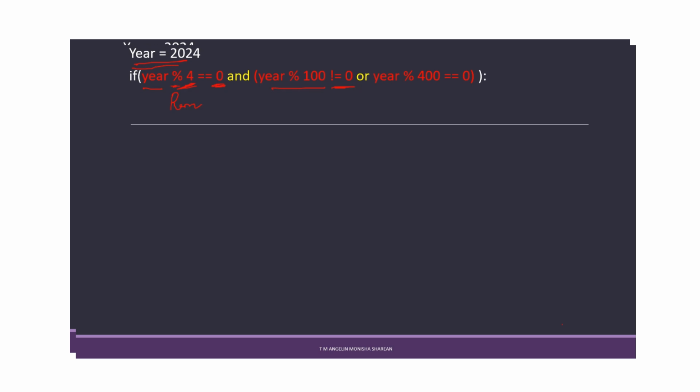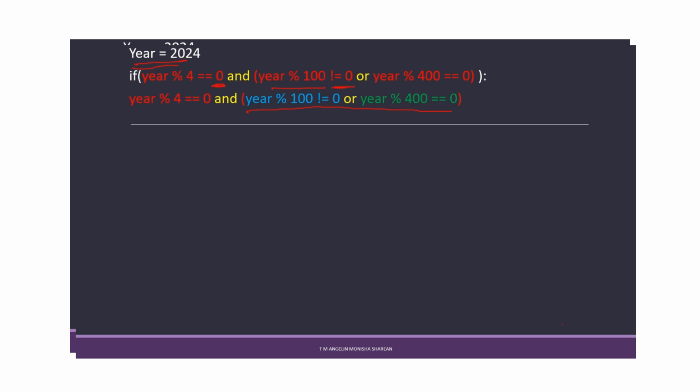Okay. So let us see how these conditions are solved by considering the precedence and the associativity of the operators available inside this if statement. I have shown you the different conditions in different colors so that it is easy for you to follow. Now, according to the precedence rule, the things inside the bracket have to be solved first.